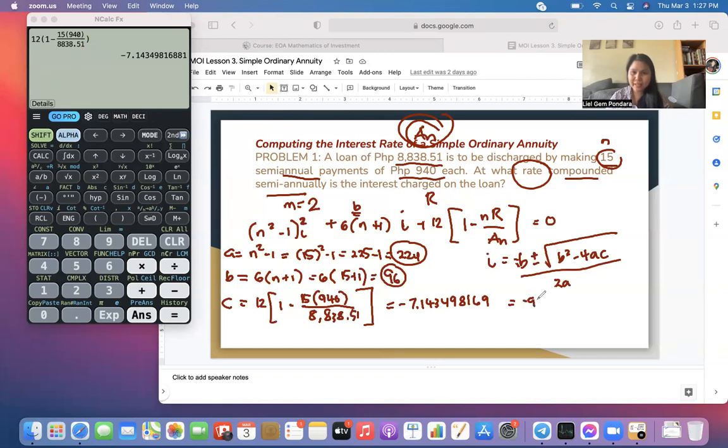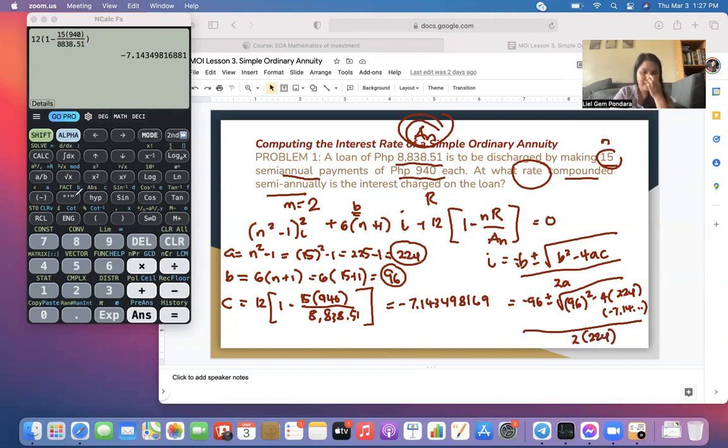It's negative 96 plus and minus 96 squared minus 4 times A, 224, times C, negative 7.14, all over 2 times A.